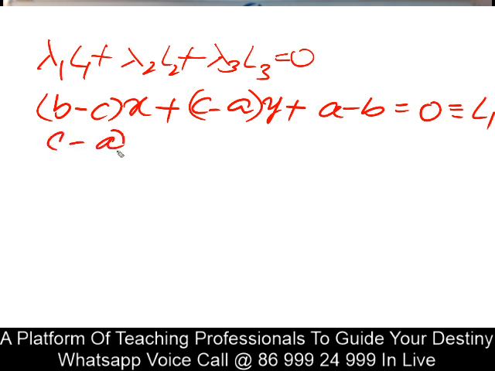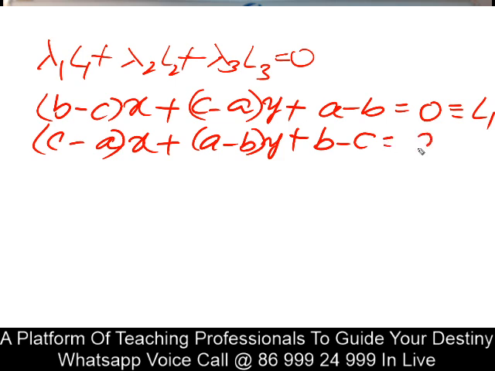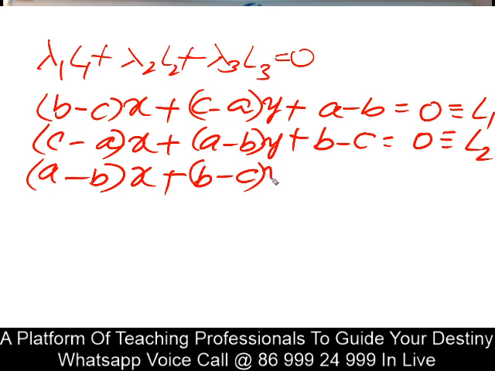(C minus A) into X plus (A minus B) into Y plus (B minus C) is equal to 0. Let me say this is L2. (A minus B) into X plus (B minus C) into Y plus (C minus A) is equal to 0, L3.